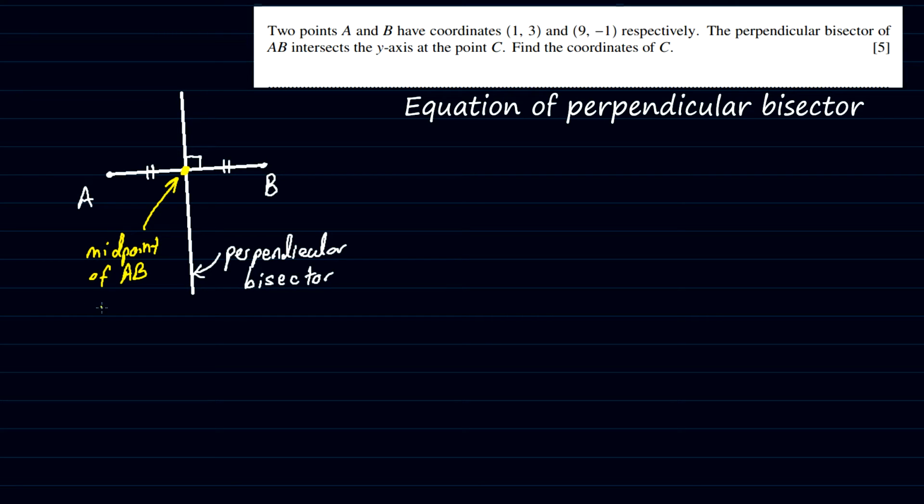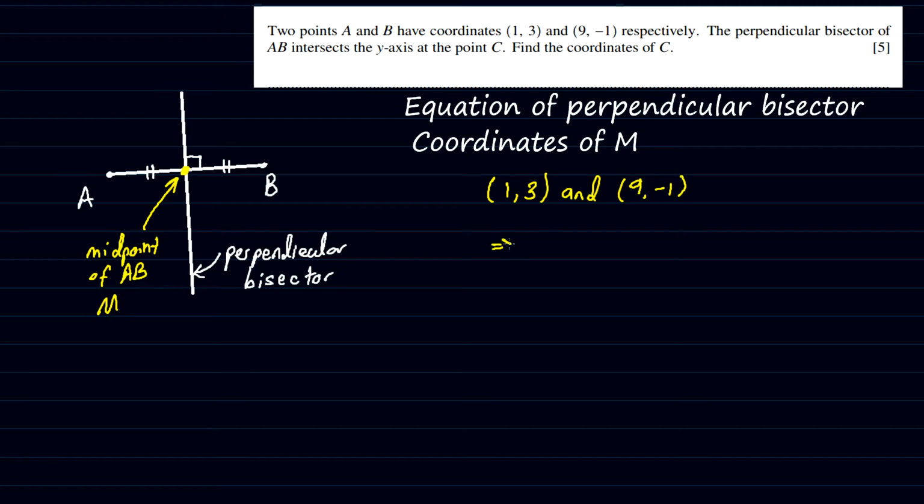I'll just call it M. So for the coordinates of M, I'll use the coordinates of A and B, which are 1, 3 and 9, -1.